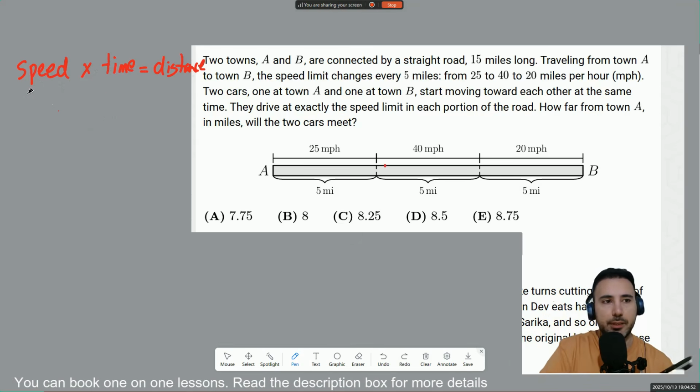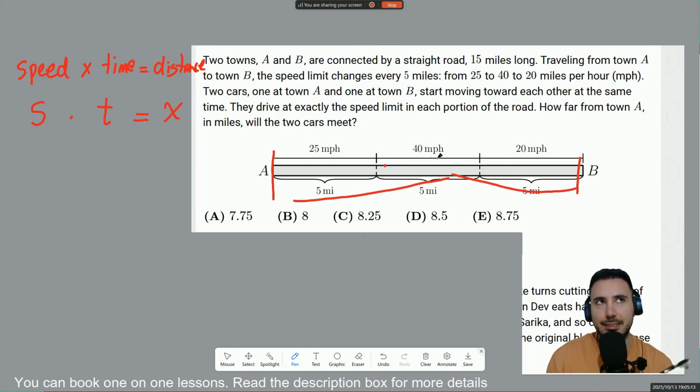Now, we need variables for the speed. Let's go with S. For time, let's go with T. For distance, we're going to go with X, not D. No reason. So now, the important thing is here. The two cars start at the same time. They get to each other at the same time.